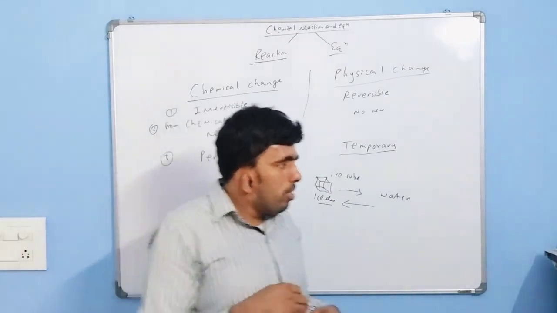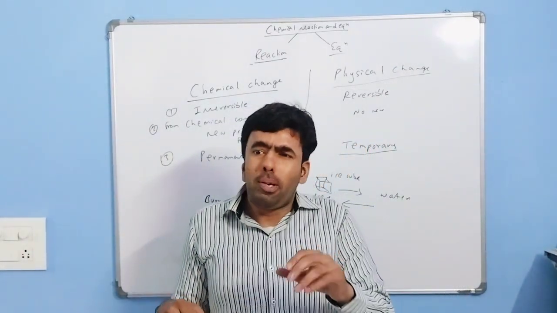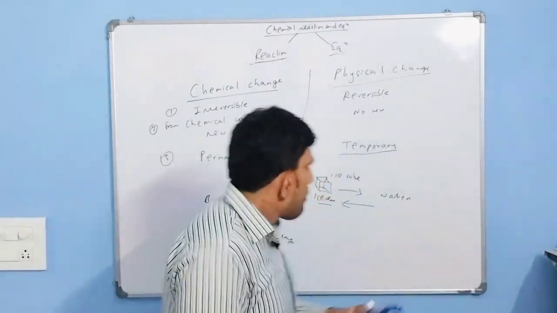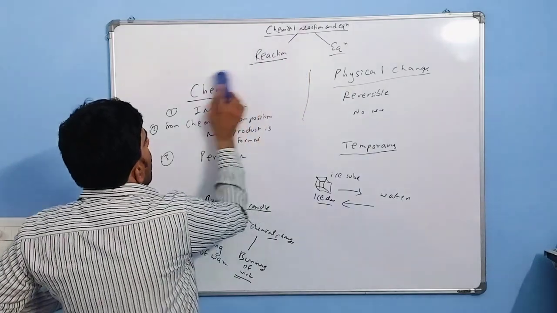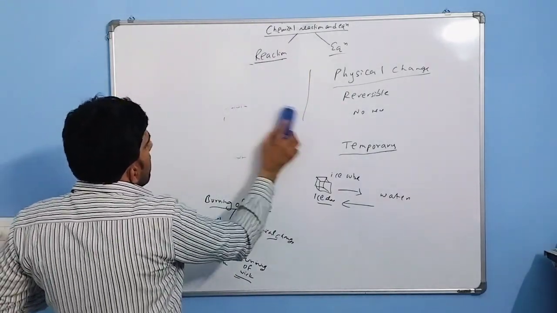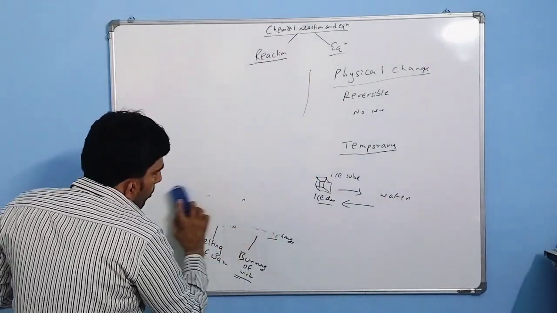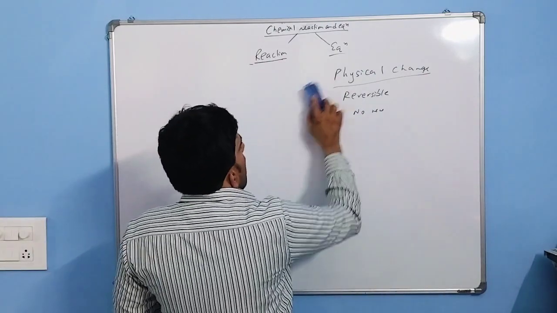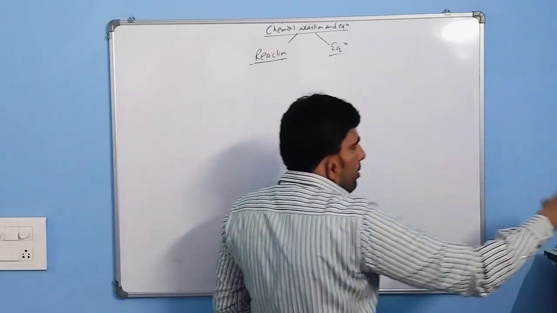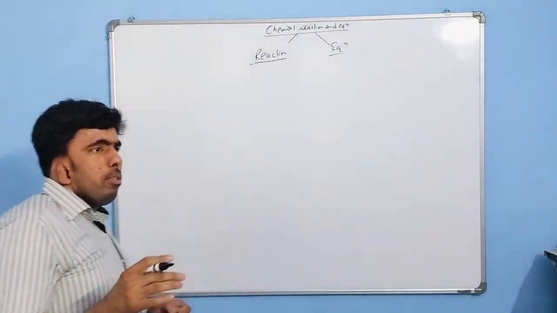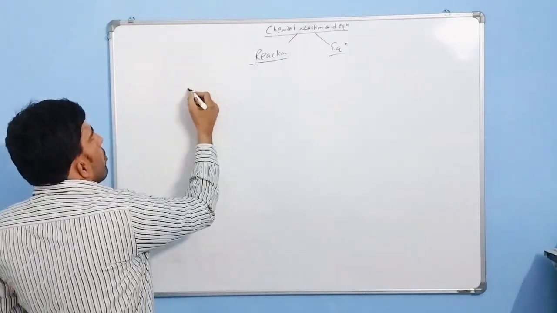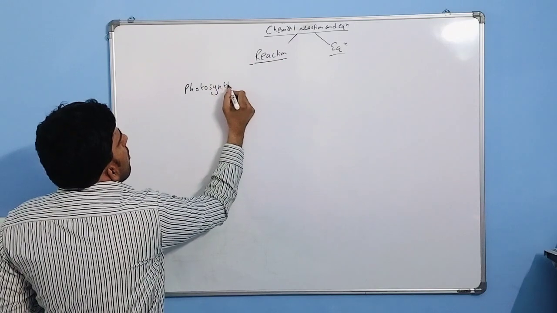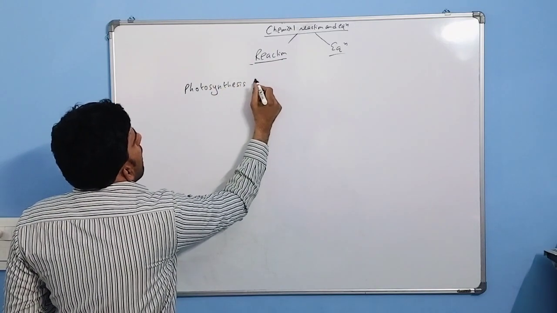Let us represent it in an equation, so it will be clearer. Let's see the photosynthesis reaction.